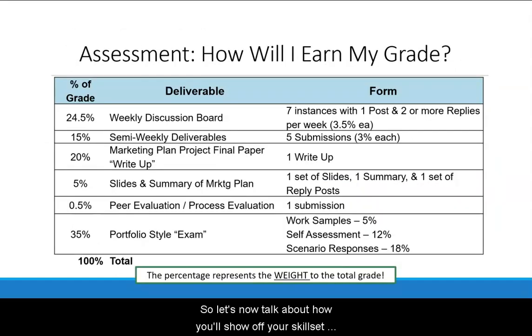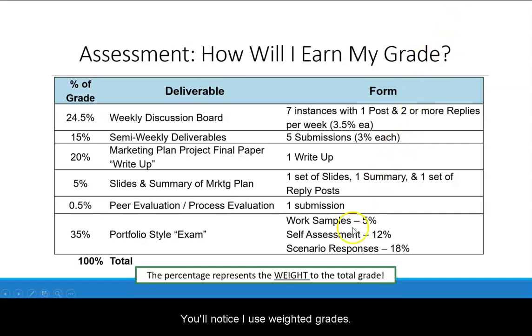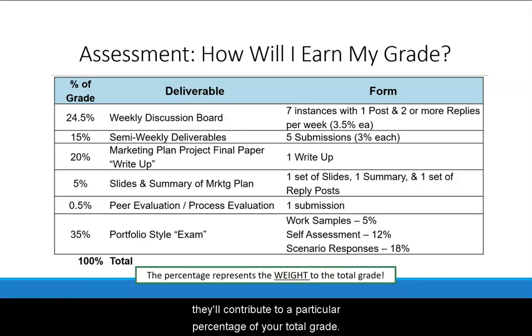So let's now talk about how you'll show off your skill set and our more concrete reward, your grade. This is how I determine your grade. And you'll notice I use weighted grades where certain categories, regardless of point total, contribute to a particular percentage of your total grade.